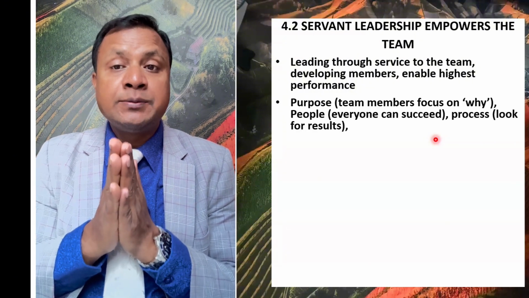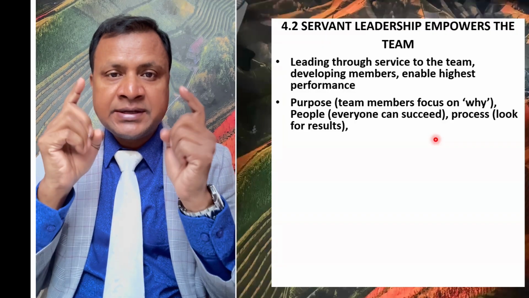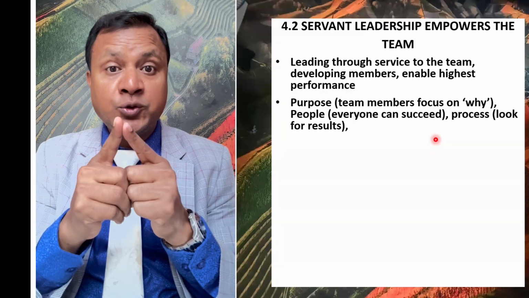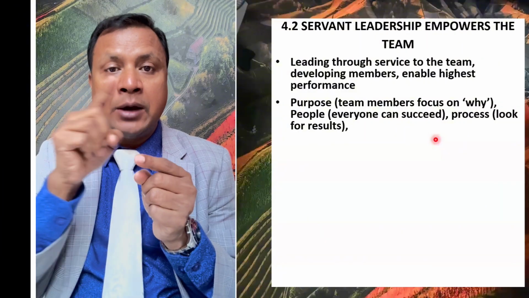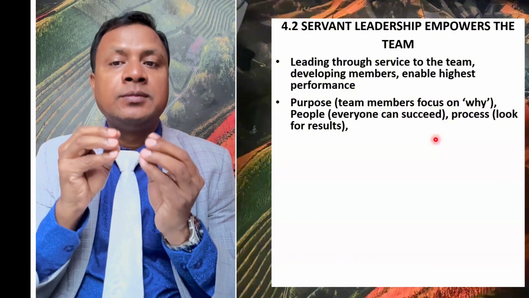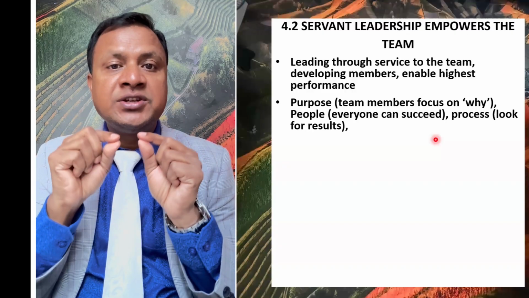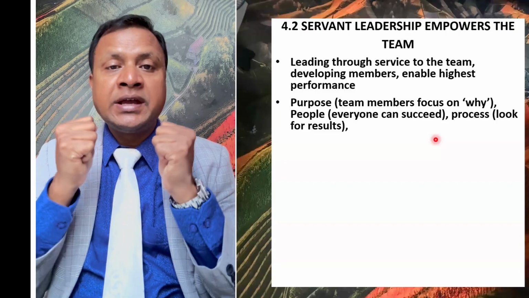Servant leadership always focuses on the purpose. Each team member must have in mind why they are working: what is their vision, how they can achieve the best value. The same why questions will be in the minds of each team member. Then the people, so everyone can be successful.